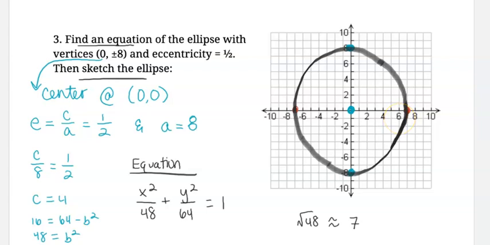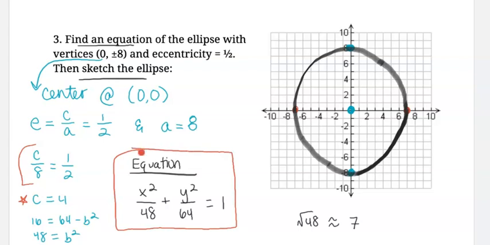And so I was given the ratio for the eccentricity of 1/2, but since the a value wasn't 2, it was 8, I had to set up this little proportion. C over 8 equals 1/2, and then I got that C was equal to 4, which allowed me to figure out what b squared equals, and so I was able to come up with this equation over here.